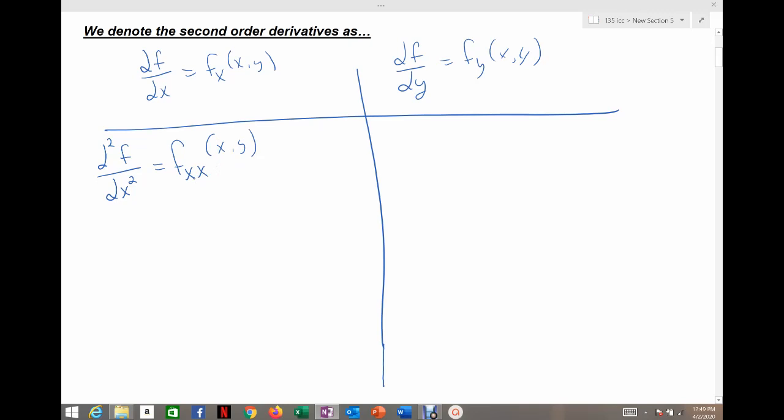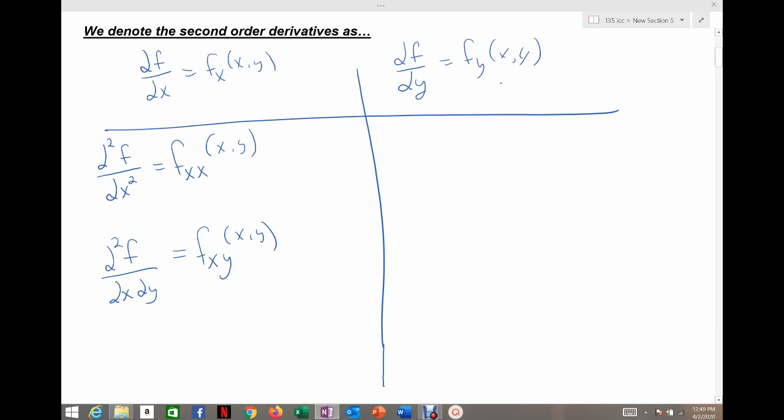X first and x second. Or I can take a second derivative of my function with respect to the x variable first, and then with respect to the y variable. And so this is why the order matters. I'm taking the derivative of my original function with respect to x, then y, in that order. There's my two derivatives when I take the derivative of the first derivative with respect to x.